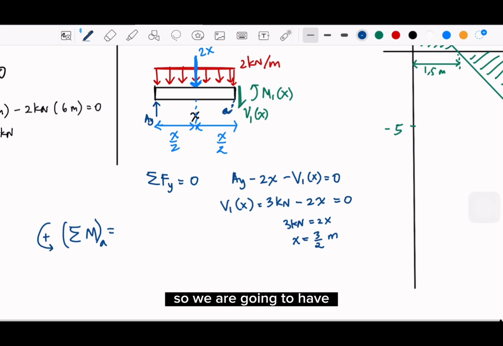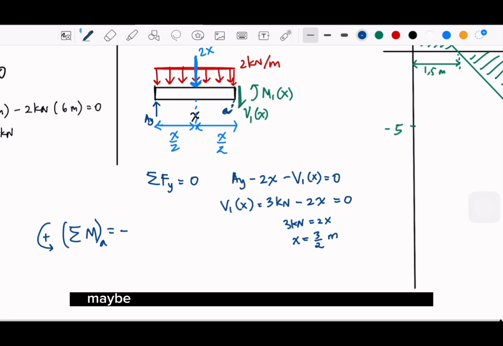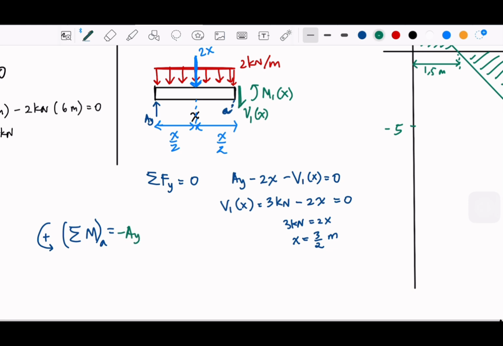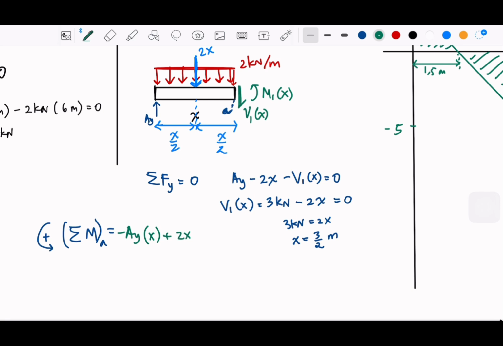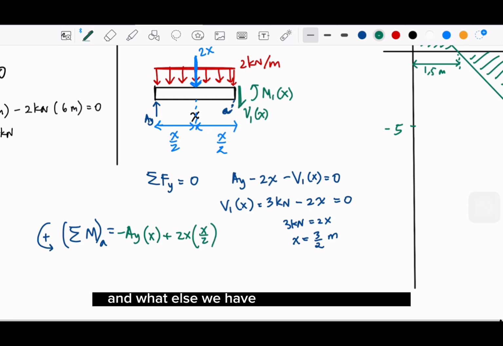we are going to have negative AY, maybe I will take a different color, negative AY times x. And then we have plus 2x, and then x over 2, right? And what else do we have?